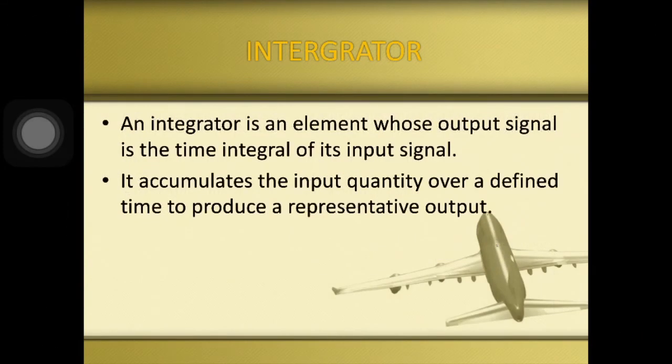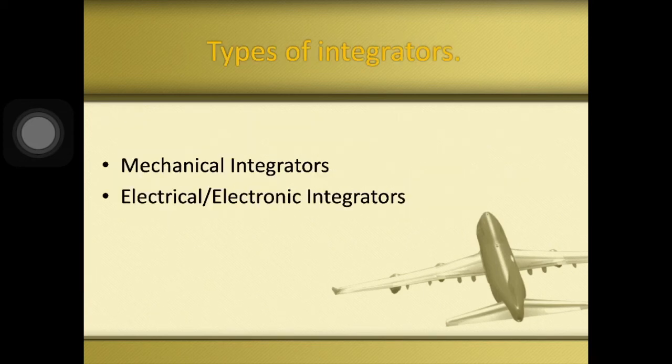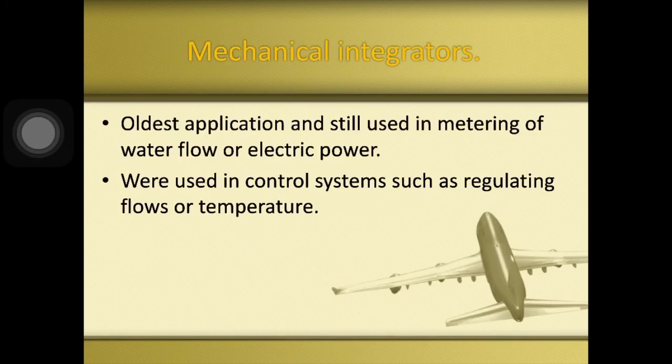An integrator is an element whose output signal is the time integral of its input signal. It basically accumulates the input quantity over a defined period of time to produce a representative output. The two main types are mechanical integrators and electrical or electronic integrators. Mechanical integrators are the oldest application and are still used in metering of water flow or electric power.